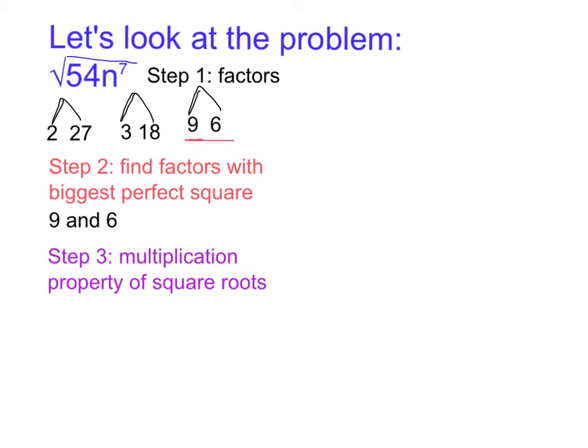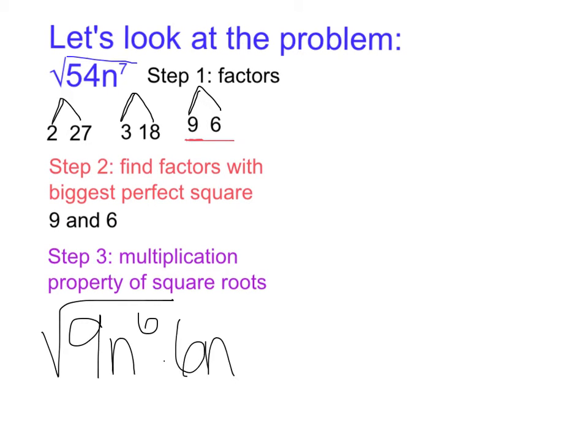Now we use the multiplication property of square roots to turn the square root of 54n to the 7th into the square root of 9n to the 6th times 6n. I know you may be asking what happened to n to the 7th.